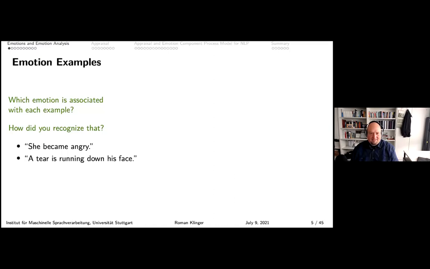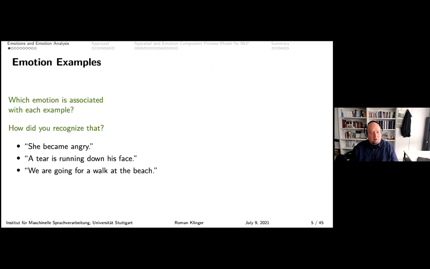Probably by interpreting this event, right? So you know that crying is a reaction to an emotion, and you know that it's probably mostly about sadness, but luckily often also about joy. And yeah, so this is how you interpreted this. So it's about a bodily reaction, which is typically unconscious.